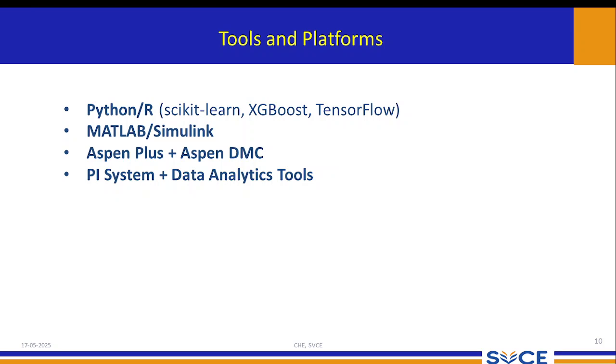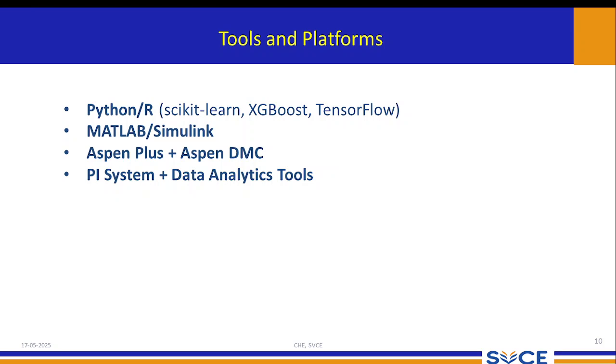I will cover it after this. What is debottlenecking? Coming to quality control, the PI system monitors and analyzes the data to ensure product quality and identify areas for improvement. Coming to energy efficiency, the PI system tracks energy consumption and identifies opportunities to reduce energy waste.